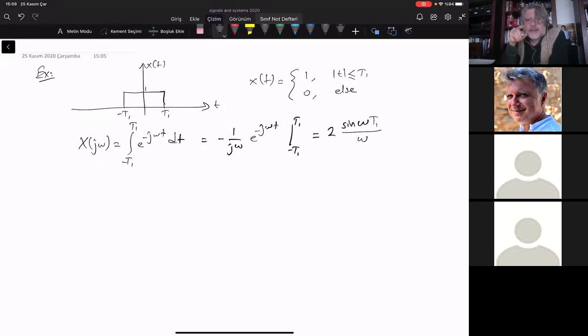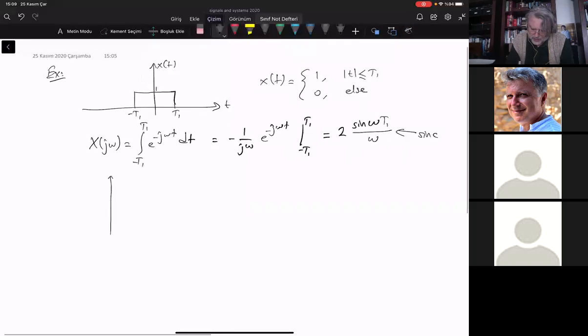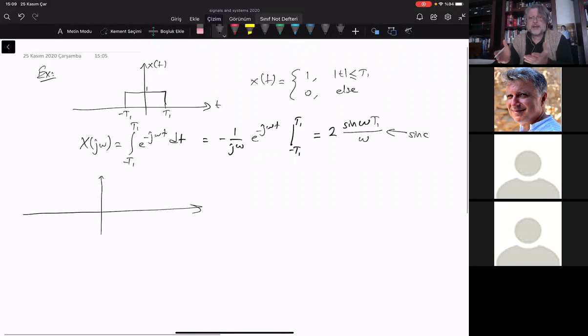Now, whenever you see sine x over x, you may remember that the signal is in the form of a sinc. So this is a sinc signal, which is making some zero crossings at particular values of frequency omega. So let's try to plot it very briefly. We can plot this one because it is real valued.